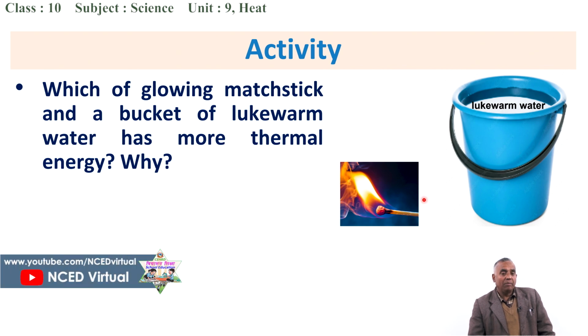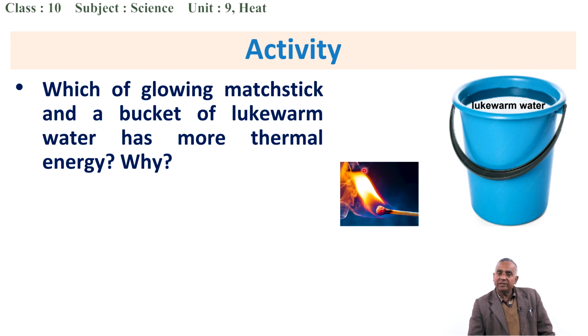Why? Because here the average kinetic energy of a molecule is more, here less, but the number of molecules is very small here relative to that. Here is a huge number of molecules. So the total kinetic energy becomes more here. Mass into temperature, amount of substance into average kinetic energy is more here and here is less due to less mass.